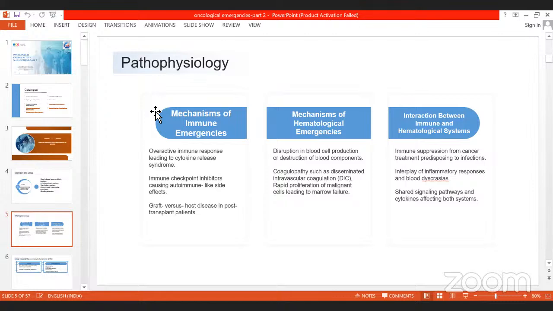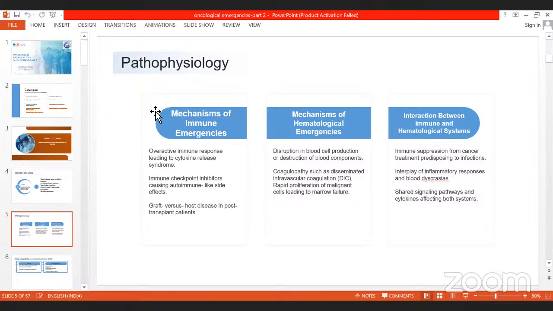Regarding the immune emergencies, we see them more commonly with CAR T cell or T cell therapies, and also with other therapies like immunotherapies and targeted therapies. The mechanism is an overactive immune response, which leads to cytokine release syndrome, immune checkpoint inhibitors causing autoimmune reactions, and graft versus host disease in post-transplant patients.